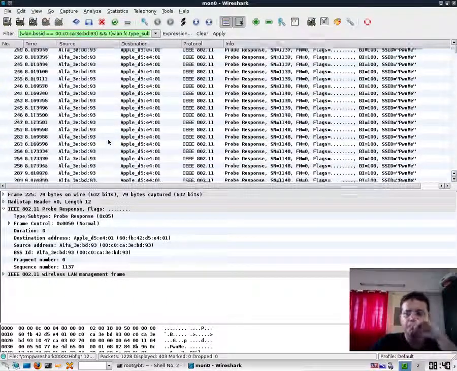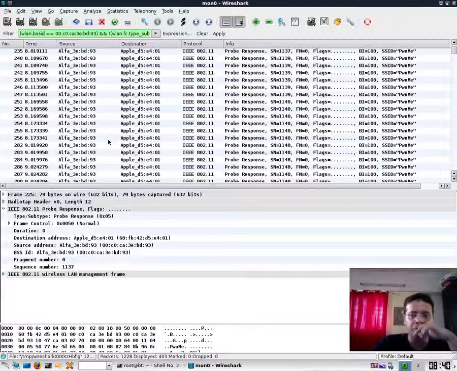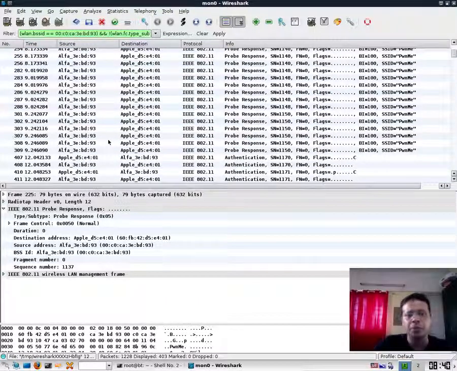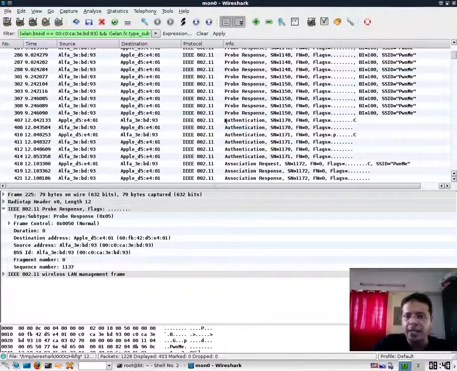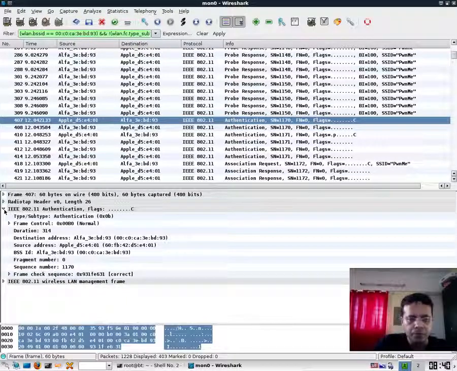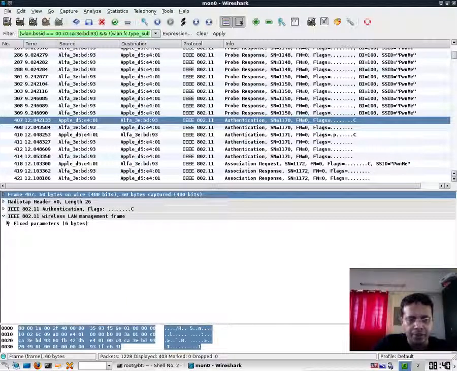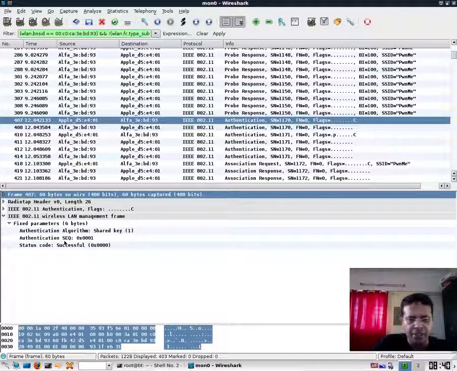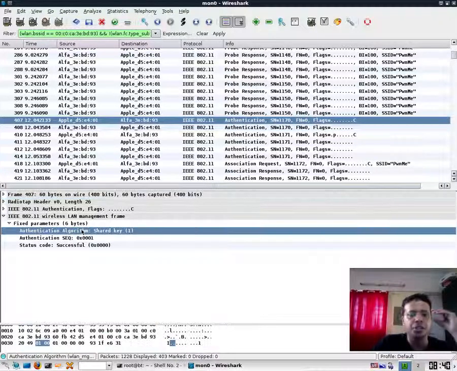Let me go up here and try to understand what really happened. Right, so you see the probe request, probe response phase. Because of the filter, you're only seeing the probe response. The probe request was a broadcast packet which didn't have anything to do with this BSSID, and hence the filter is removing it. Then we have the actual authentication phase, which is very interesting, where this is the client actually sending a shared key authentication packet.